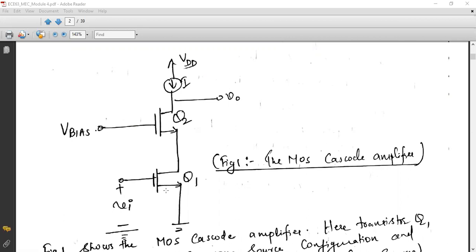Now, in which configuration is Q1 working? Can you tell me in which configuration Q1 is working? Please respond.